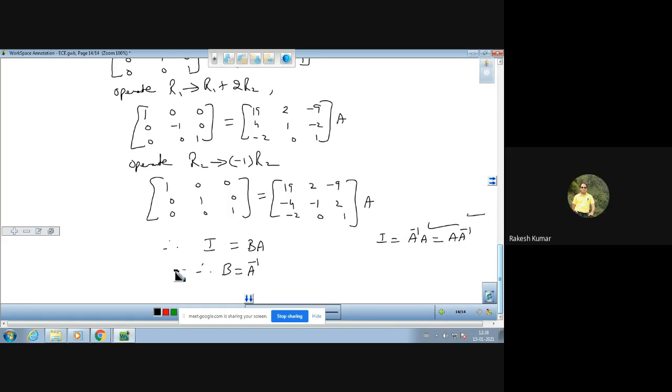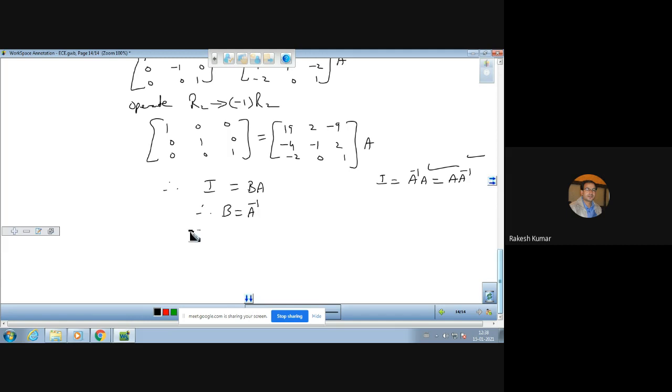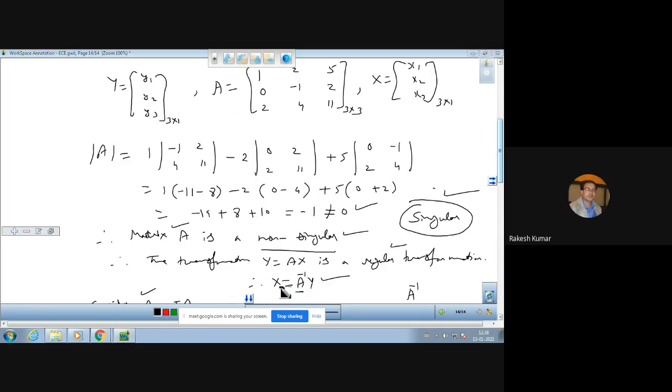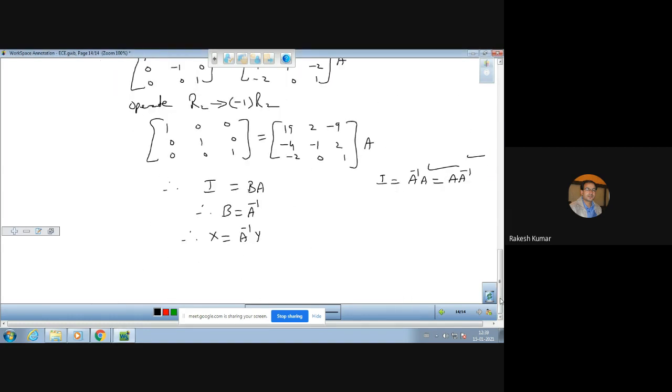So by using this, therefore we shall have x is equal to A inverse y. ये हमने ऊपर लिखा था इनवर्स ट्रांसफॉर्मेशन में. यहाँ पर x is equal to A inverse y. Now you can use the value of A inverse here.